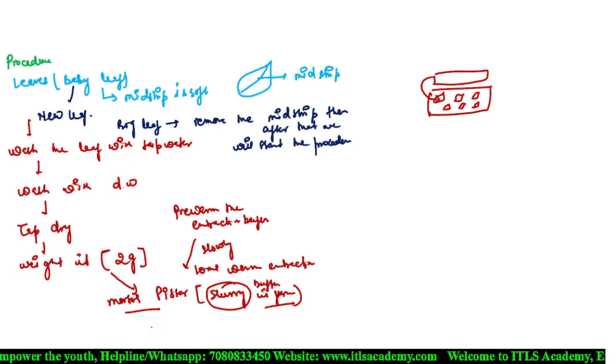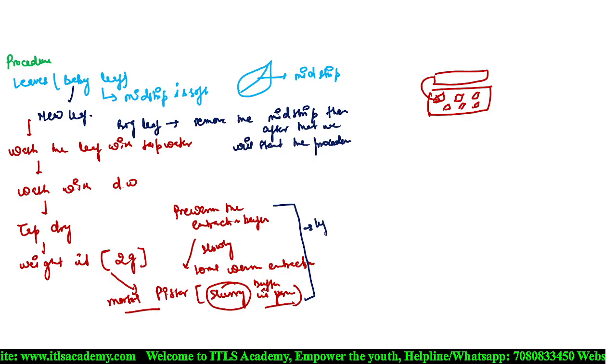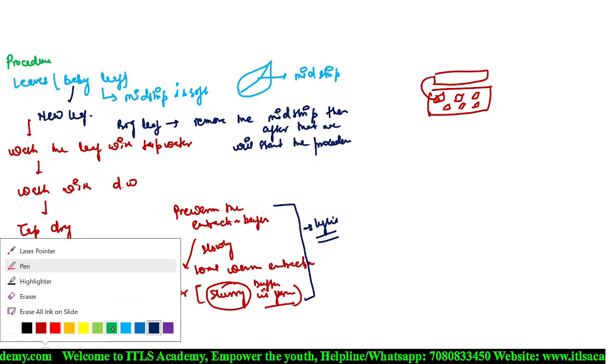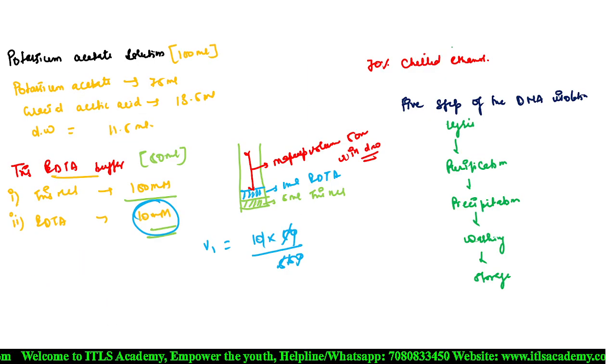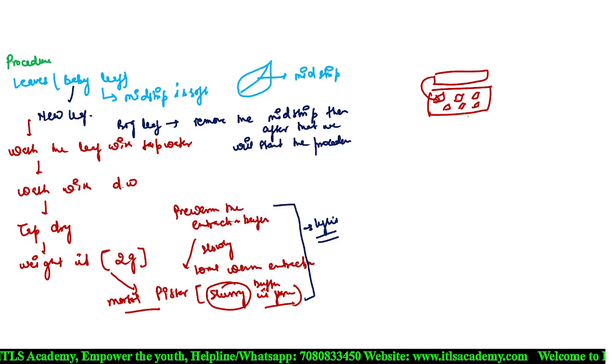Yes, ma'am. Now this process, when you are converting the leaf into the paste, is known as the lysis method. So here the first step is completed. That is your lysis. In lysis, you break the cell wall.